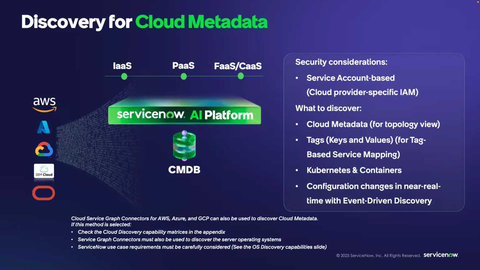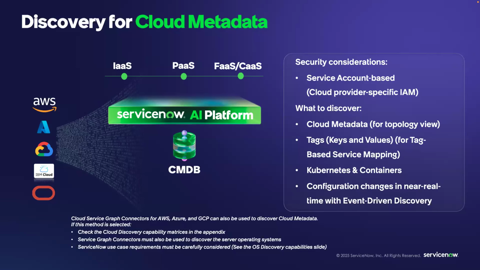Those virtual machine instances. We're also pulling in platform as a service. So, things like application as a service, whether it's web as a service, database as a service, and then also function as a service. So Lambda functions, Azure functions, and then container as a service, right?